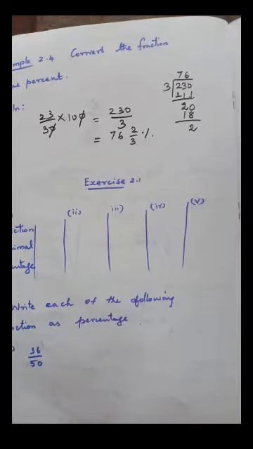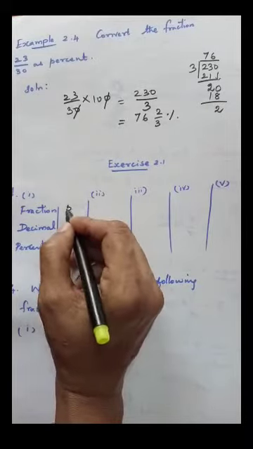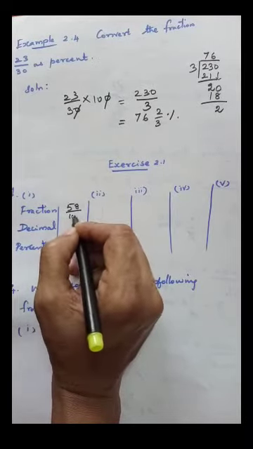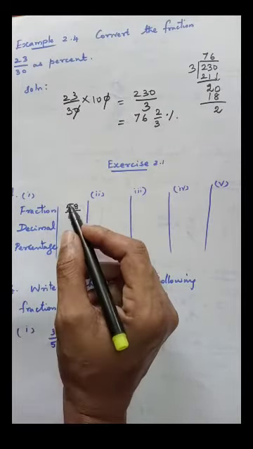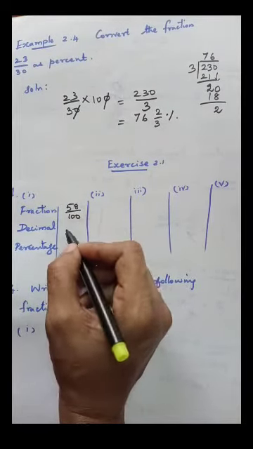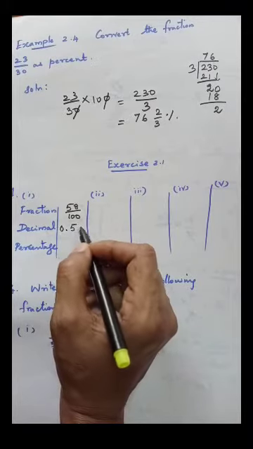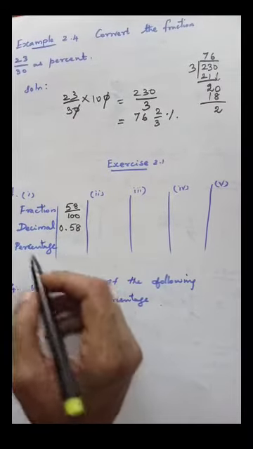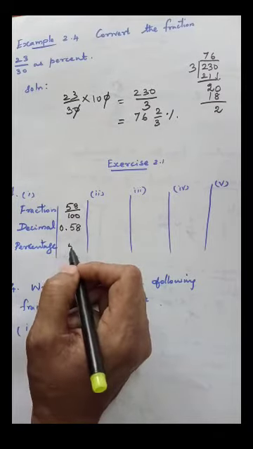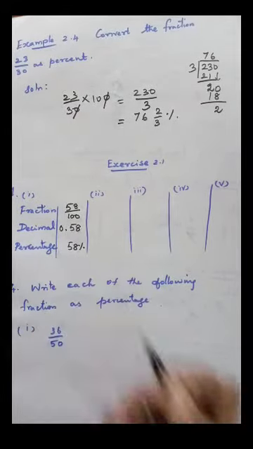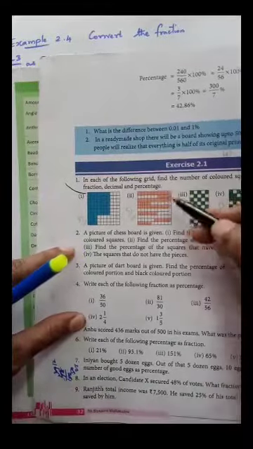So the fraction of the first one is 58 by 100. Then the decimal of that fraction, 58 by 100, is 0.58, isn't it? Then the percentage of this is 58 by 100, which means 58%.